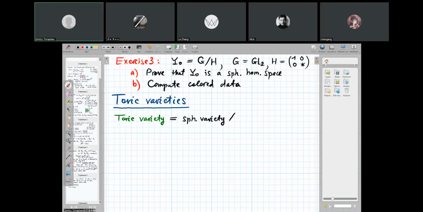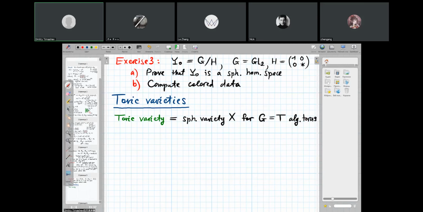Spherical, say X, spherical for the action of an algebraic torus. So in this case, G is an algebraic torus, which I denote by T, because it coincides with the maximal torus of G in this case. So G and the maximal torus in G are the same. Toric varieties can be defined as spherical varieties for torus actions.